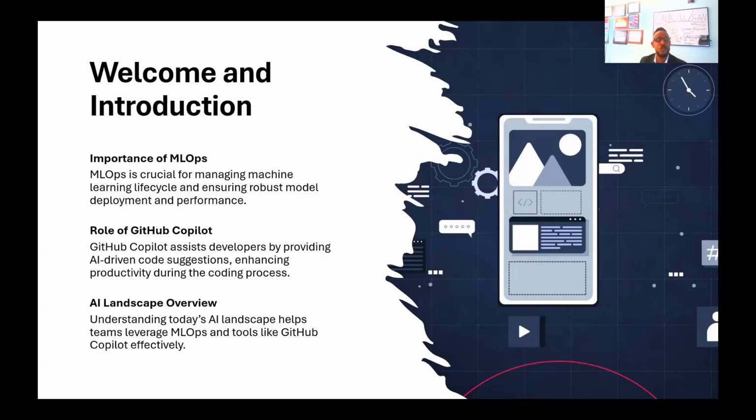And this is my way of introducing by explaining that in order for me to communicate effectively and drive value today, it's based on my 19 plus years of experience with machine learning operations.